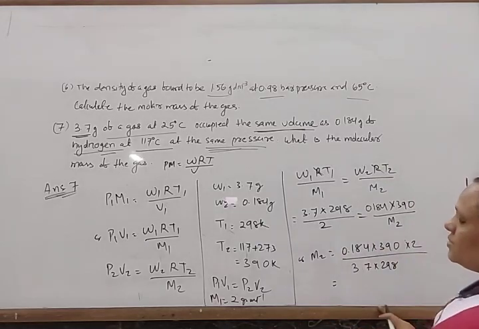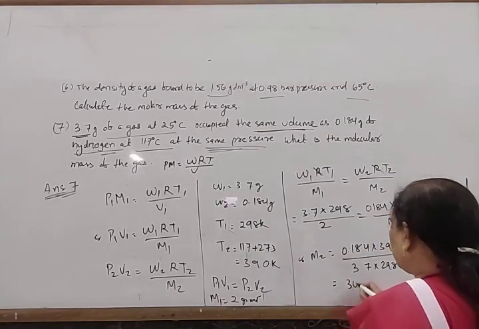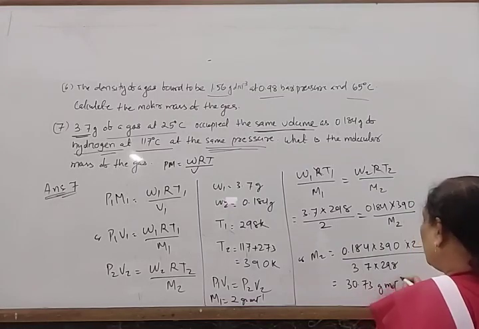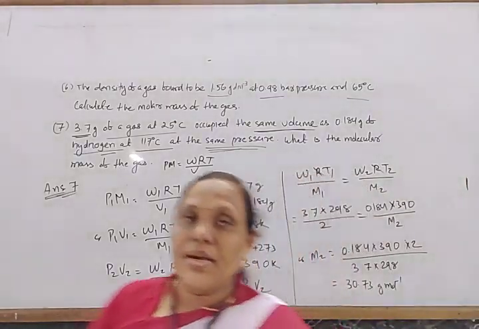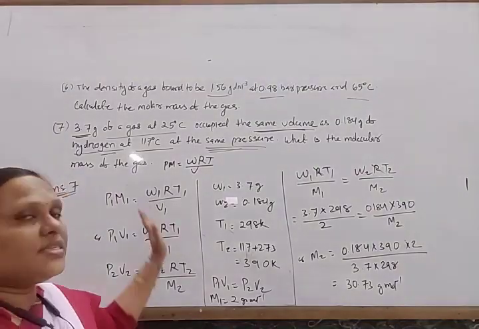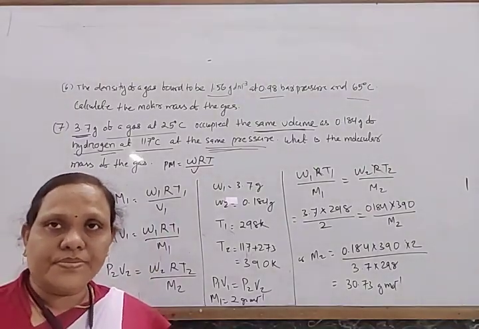So here the answer you can find is 30.73 g mol^-1. Calculate this and you can find out. In this way you can solve this type of problem.